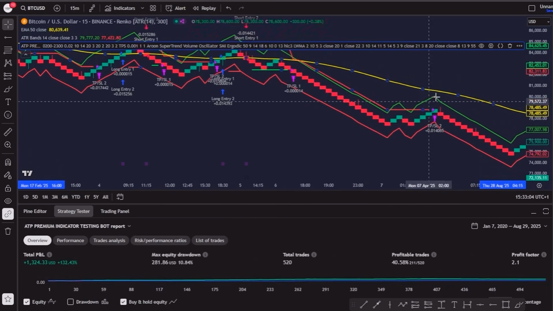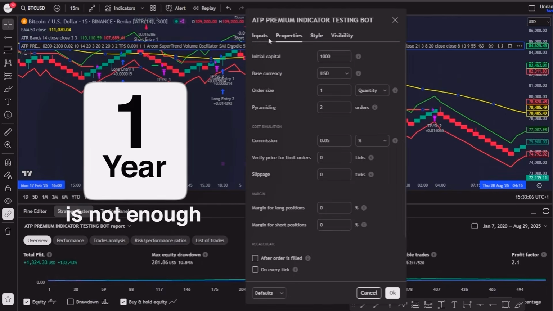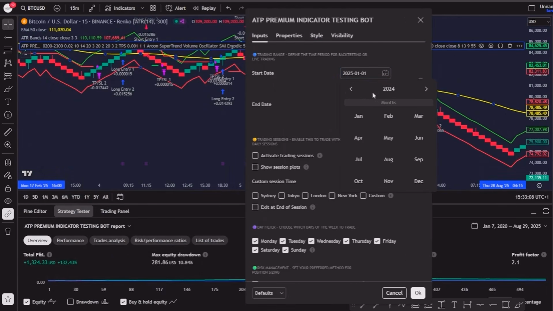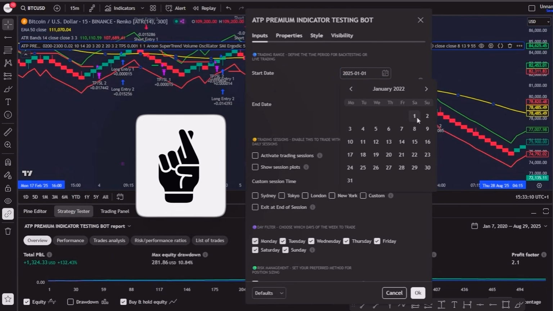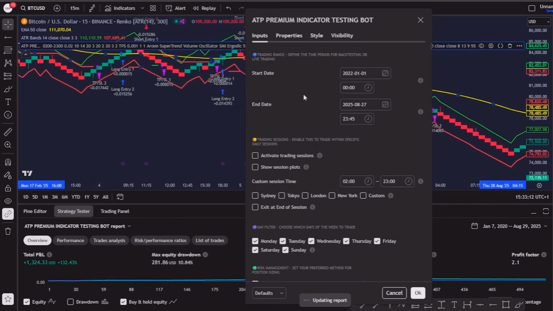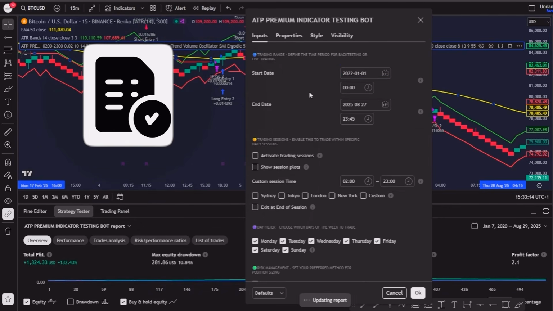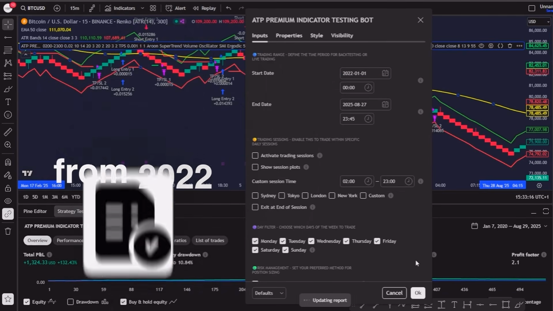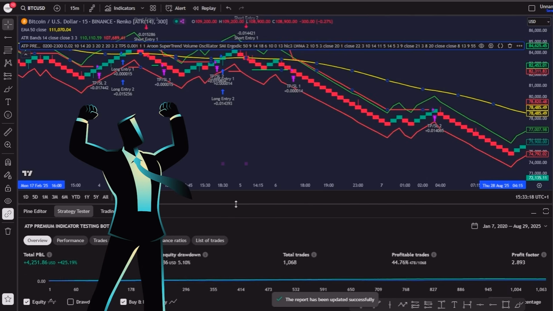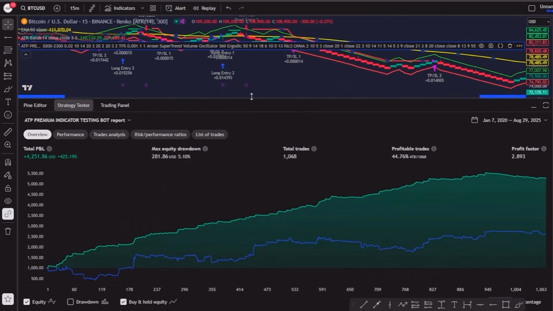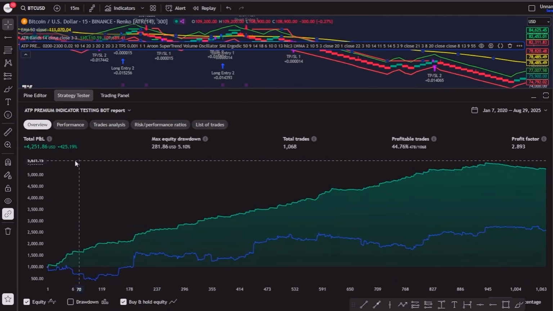But of course, you can say that 1 year of testing is not enough. To make sure these results are not just luck, I will expand the data sample and start the backtest all the way from 2022. And the numbers are even stronger. With the exact same rules and the same commission per trade, the system delivered a net profit of 425% over the full period.